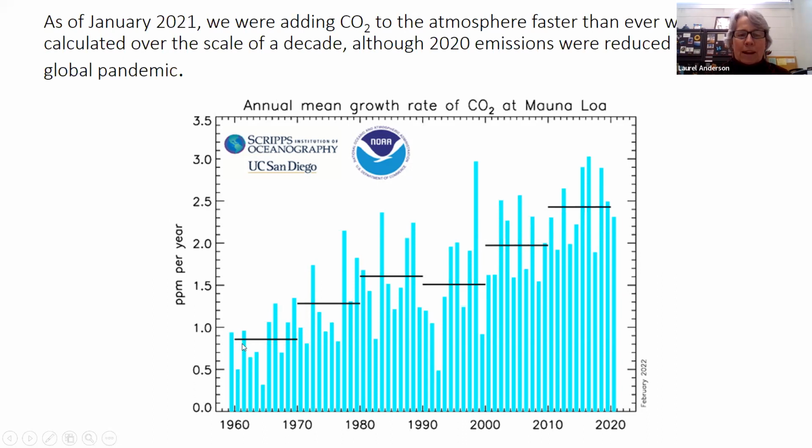So this line is for 1960 to 1970, 1970 to 1980, 1980 to 1990, and so on. And even though we've been attempting to reduce CO2 emissions, you can see that 2010 to 2020 has the highest emissions that we've had over this time period, even though we did experience a drop in emissions due to the global pandemic in 2020. So our contributions to atmospheric CO2 continue to rise.